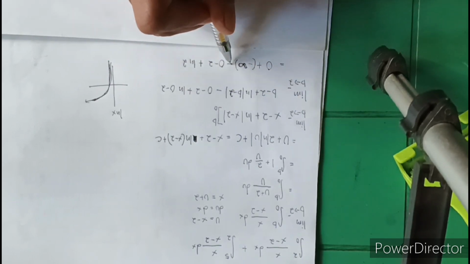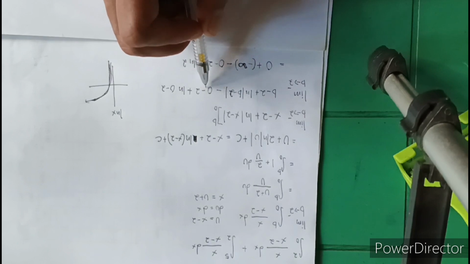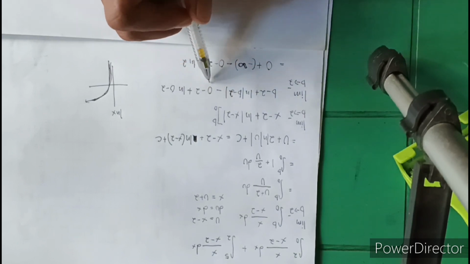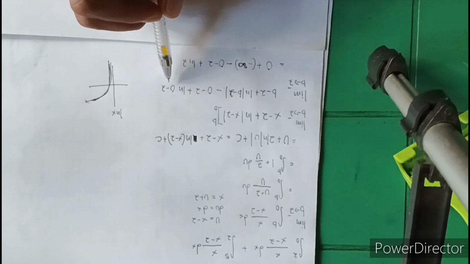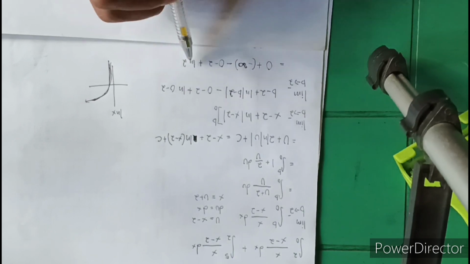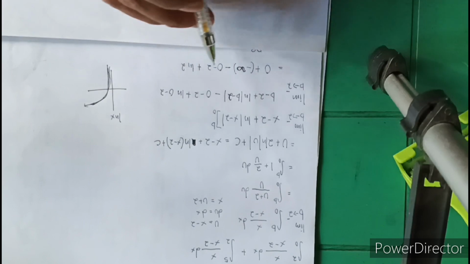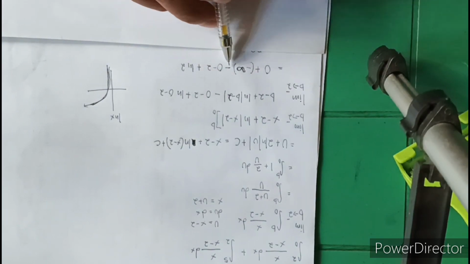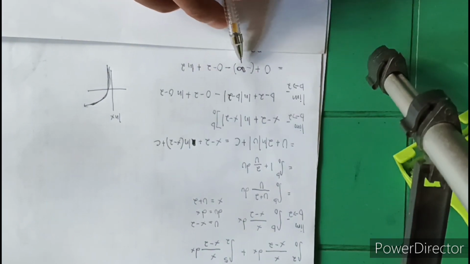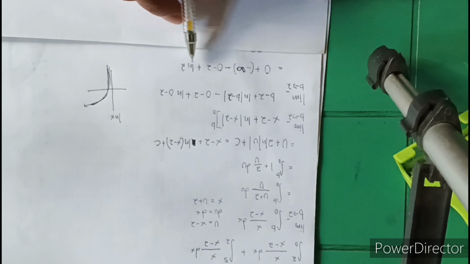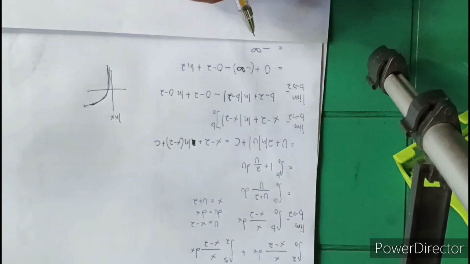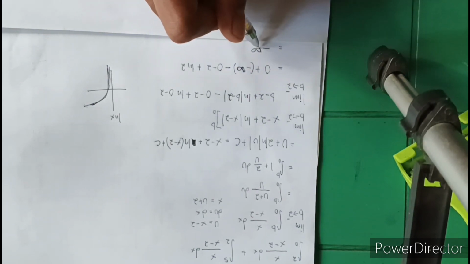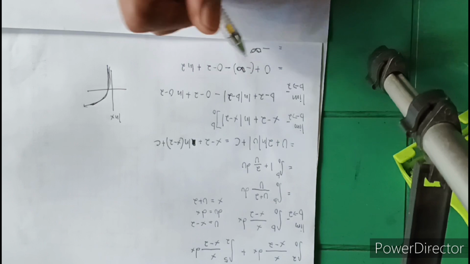So in this part, all we need to do is copy the 0 minus 2 plus ln of 0 minus 2, which is ln 2. So notice that if we find the sum or the difference of this, the answer will be negative infinity.